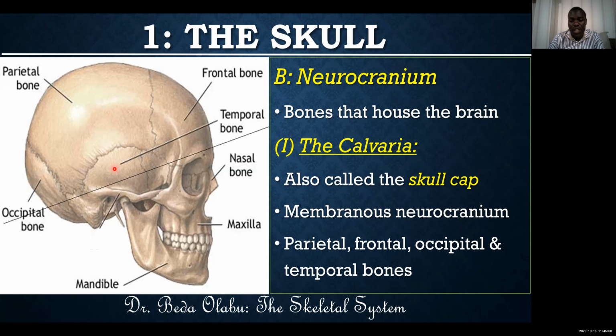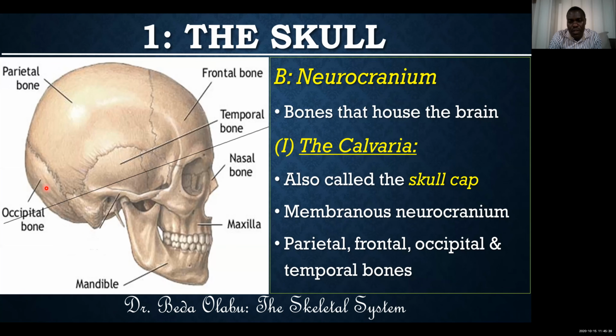The membranous neurocranium consists of the parietal bone, frontal bone, occipital bone, temporal bone. Now, I want you to understand that apart from parietal bone, the other bones that we've talked about have many parts, some of which are not necessarily in the calvaria.